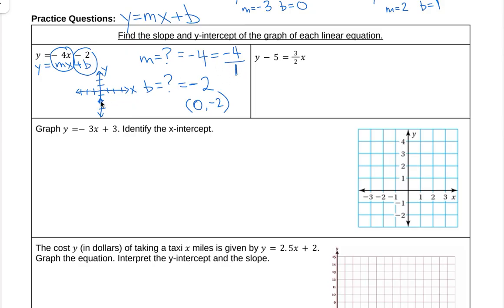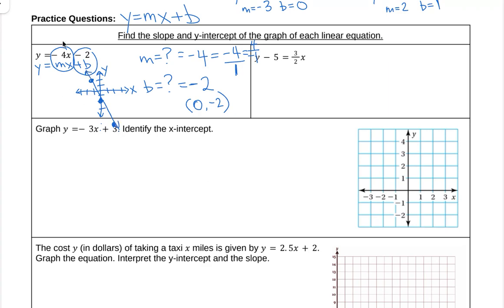So I could say 1, 2, 3, 4 over 1. And see how I'm running out of room on my graph? Well, I could always put the negative with the 1. So I could also write this as 4 over -1, which means I would go up 4 and I would go left 1. And that would also keep me on my line, okay?